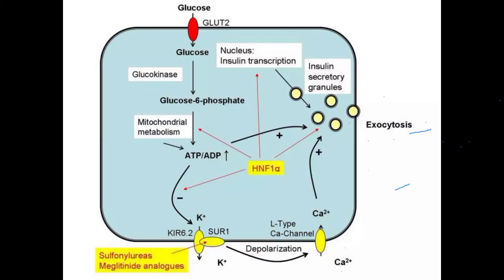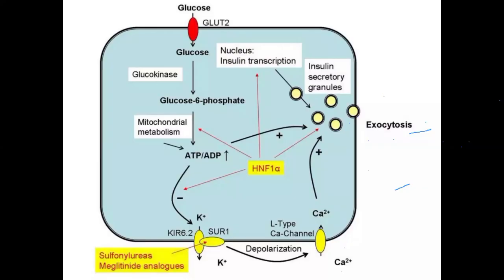That is called the L-type calcium channel, through which calcium enters, which in turn results in exocytosis. What does that mean, exocytosis? The insulin which is in the abnormal range, or not normalized in the cell or in the blood, gets released as soon as this calcium enters into the cell.